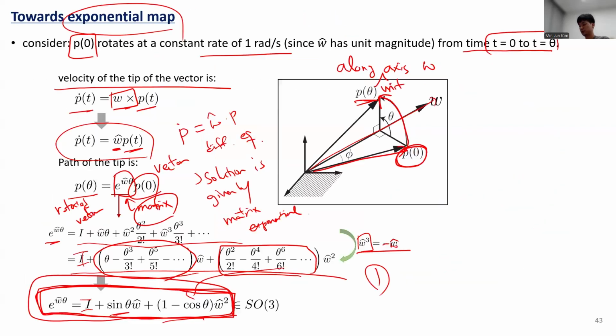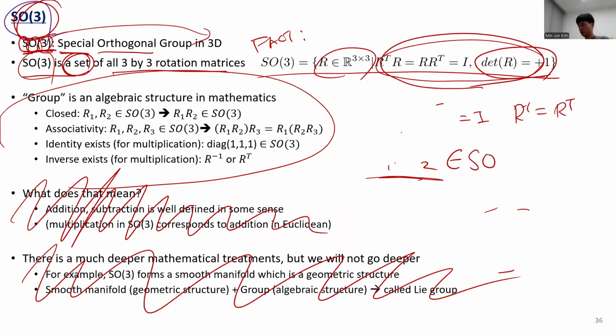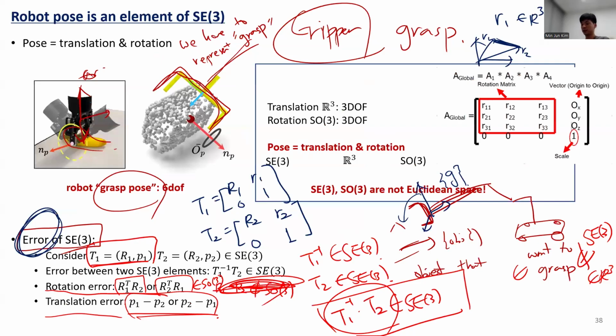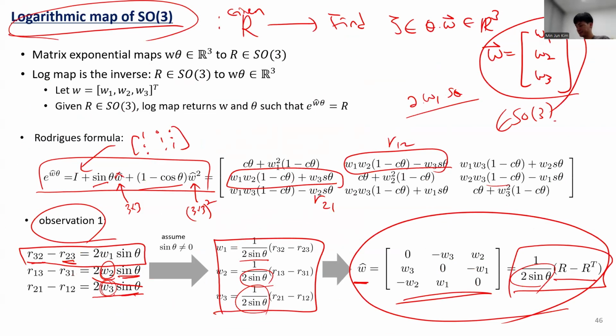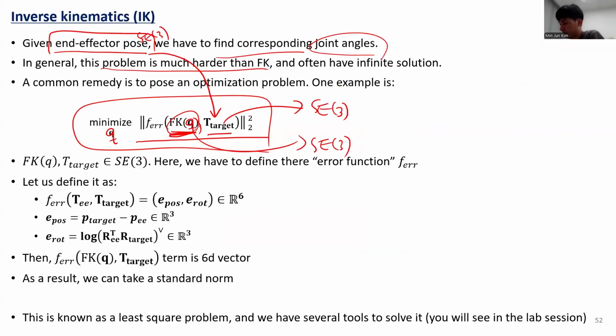Remember? So here, somewhere, I cannot find it. Yeah, here. So we compared two SE3 elements, right? To do it, we define an error function, an error between two transformations.